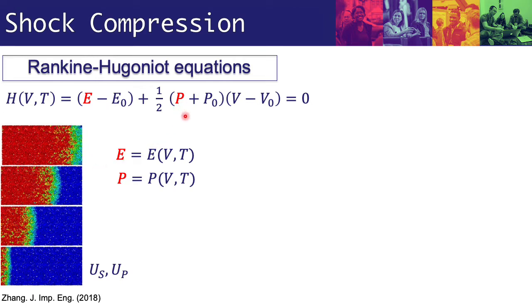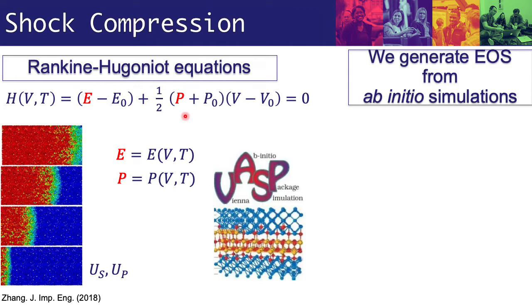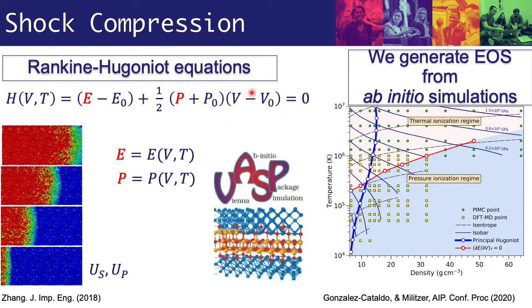In fact, we can use ab initio molecular dynamics simulations to generate new equations of state for materials and solve these Rankine-Hugoniot equations. We do so by performing a number of simulations at given temperatures and densities, like you can see in this plot.